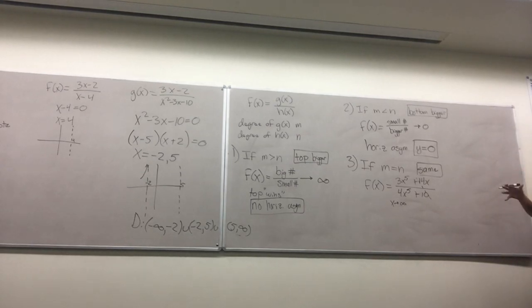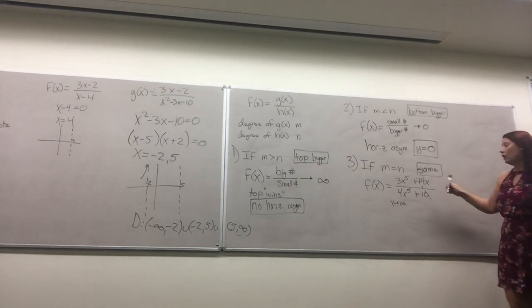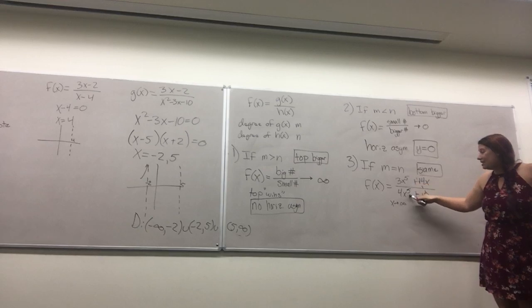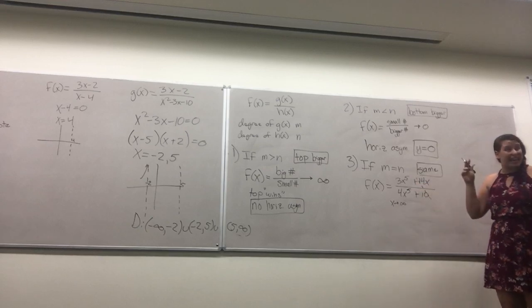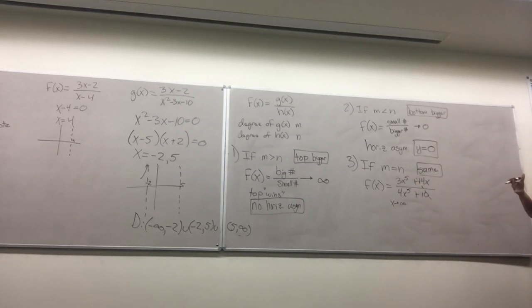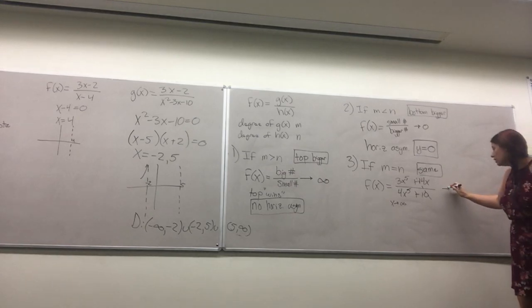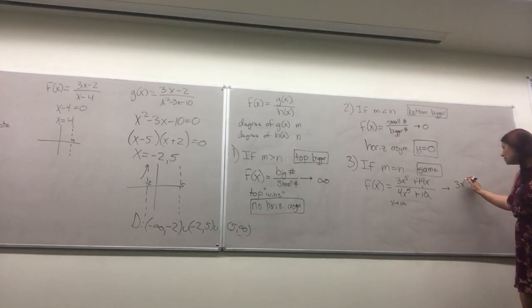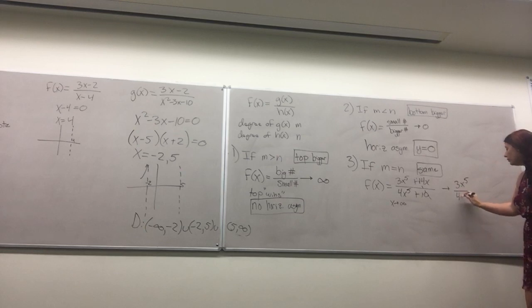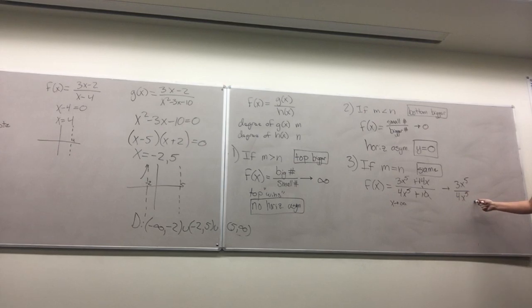So what happens then is that the x to the 5ths end up canceling out too, because we really are saying that we're going towards 3x to the 5th over 4x to the 5th, right? But, well, that's simplifiable, right? That's just 3/4.